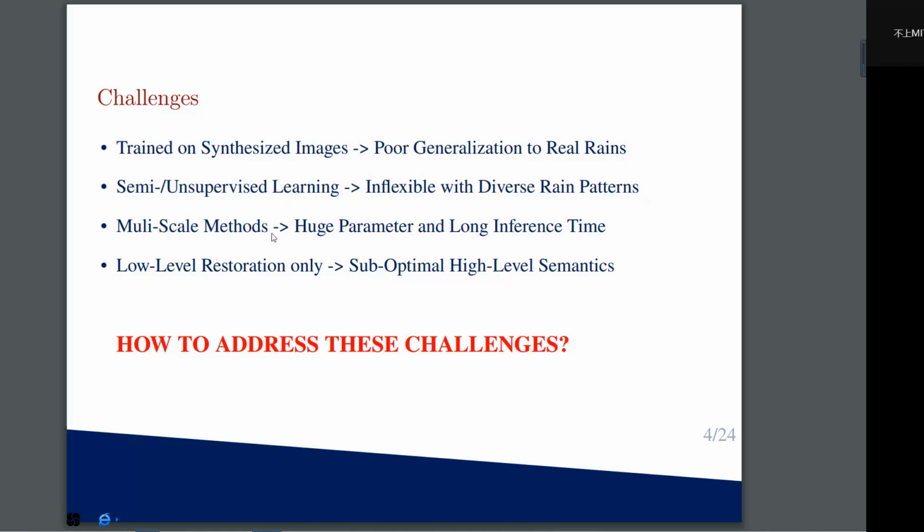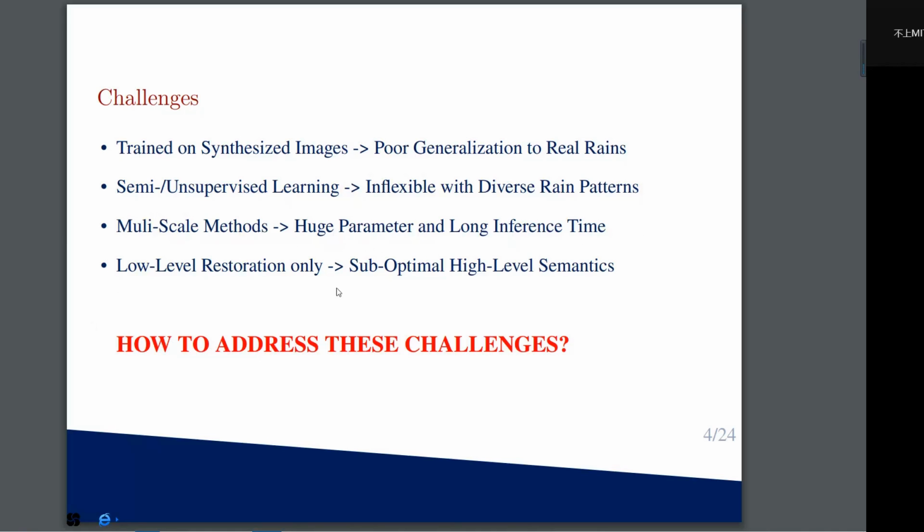The multi-scale methods try to address rain streaks of different scales and magnitudes. However, they heavily rely on images resized to different scales. Therefore, the learned neural network has huge parameters and high inference time, which is unsuitable for real-time applications and mobile development.